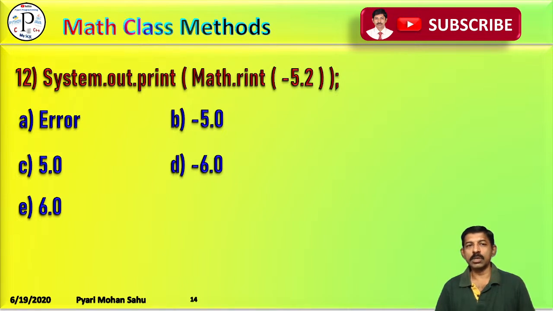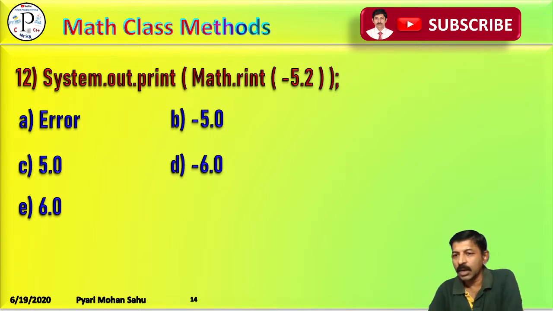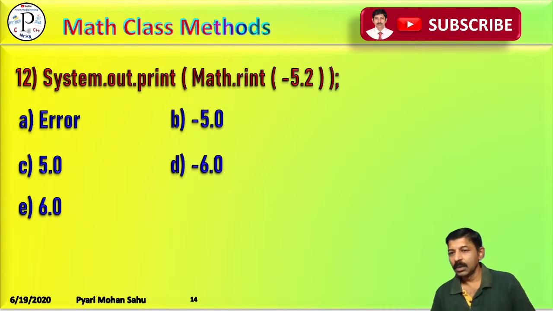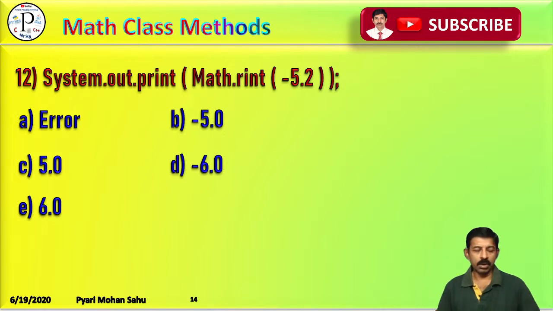Okay, next question is in front of you. Math.rint of minus 5.2. Now we have a minus figure. Last time you people made a mistake in minus. Be careful in minus. 12, the answer has come, still. 12B, minus 5.0. Everyone's answer is B. Good. Reason? Now this time it is negative, but still why are we getting minus 5.0?